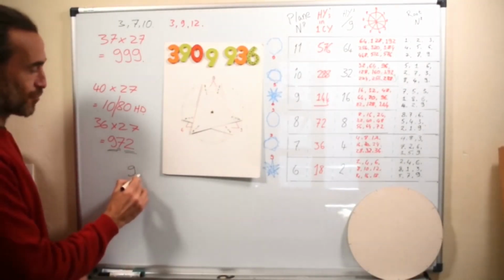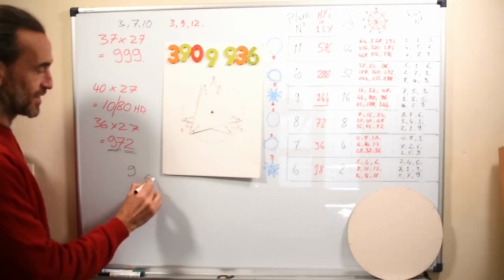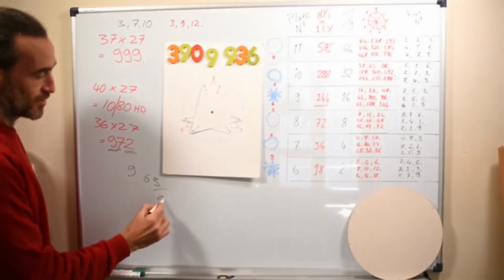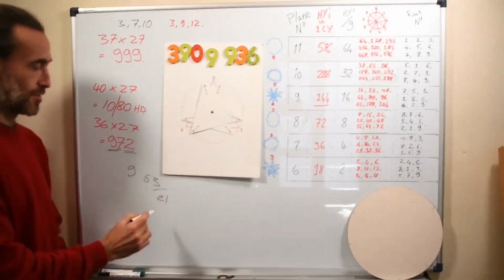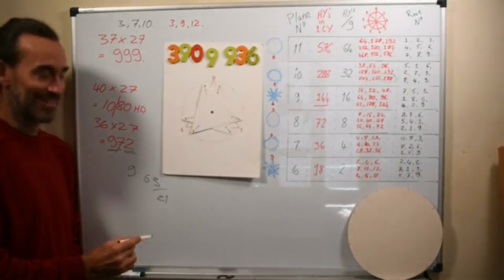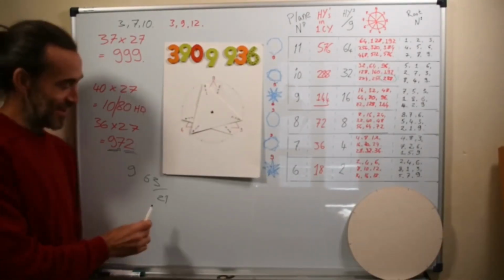When the 9 breaks down and divides into the 6 and 3, the 3 then breaks down into the 2 and the 1.